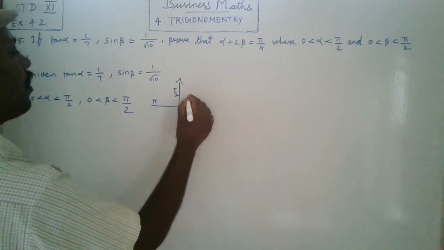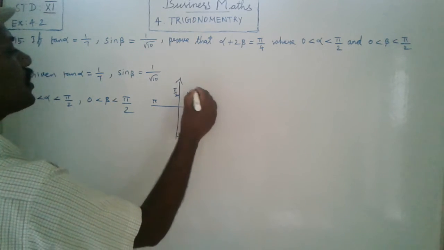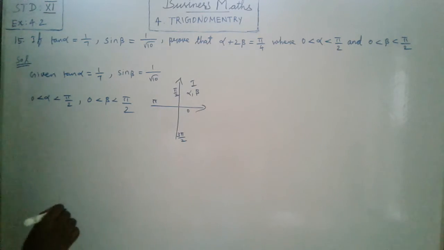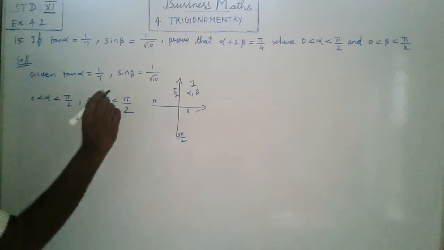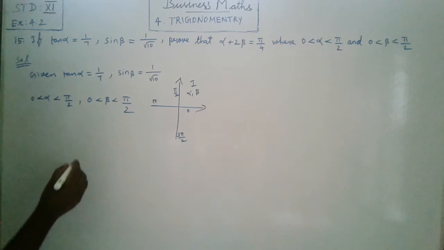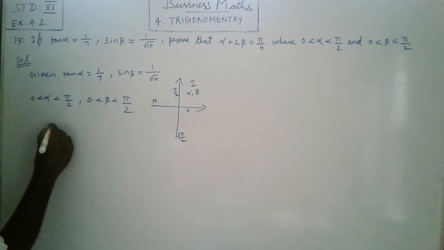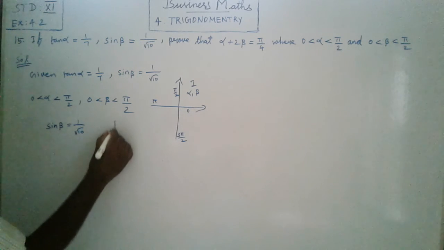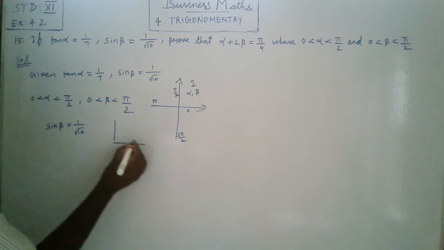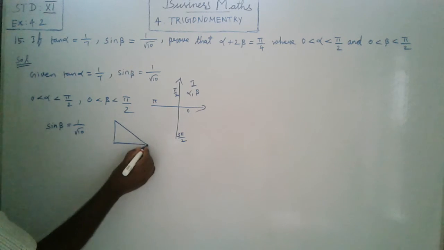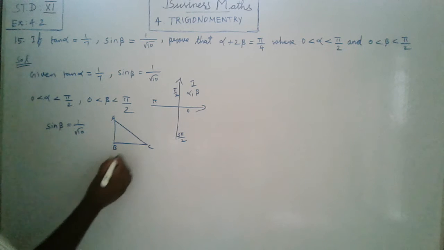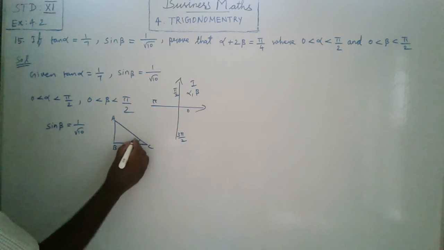Alpha and beta are in the first quadrant, where all the ratios are positive. So we find sin beta equal to 1 divided by root of 10. We take a right triangle A, B, C, and this is beta.